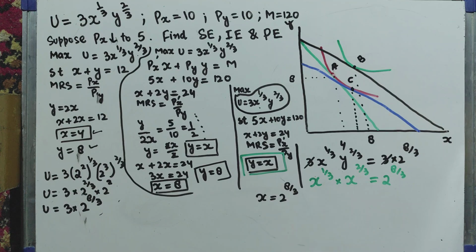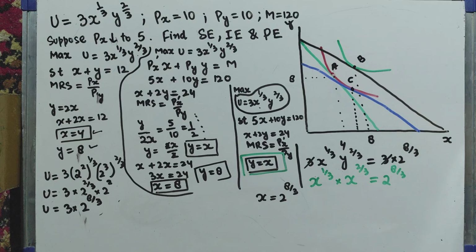Now what is the value of this thing? Now I have to calculate it. Okay, let me first solve this. So we have x in place of, so we have 2 raised power 8 upon 3.